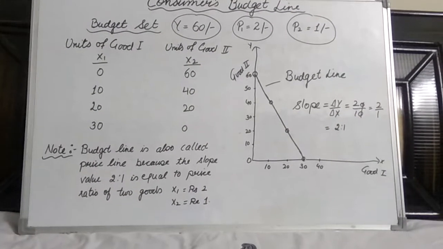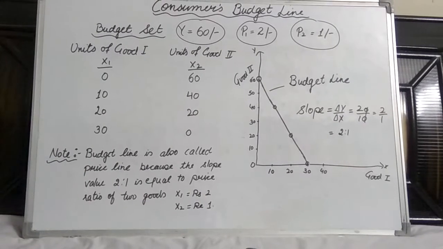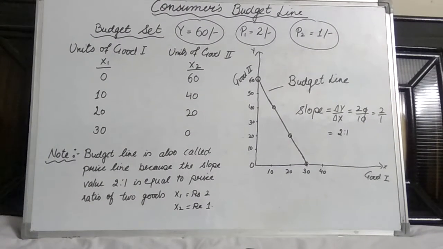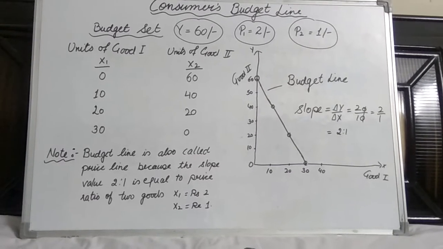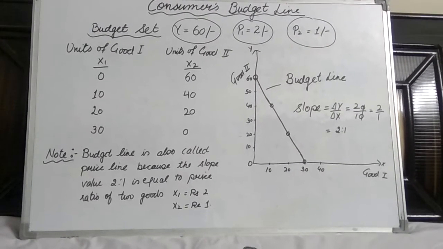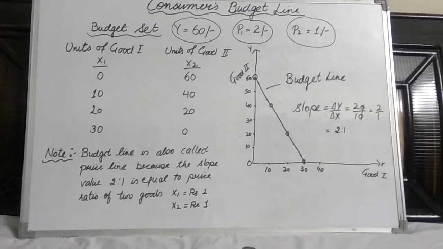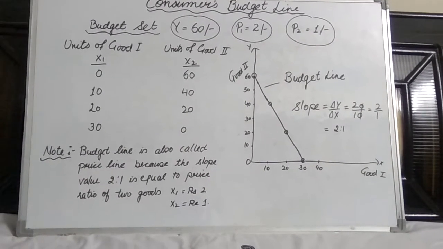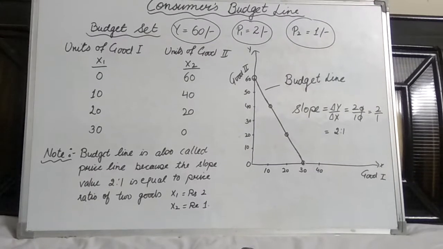In the third combination, the consumer spends 40 rupees to buy good 1 as 20 units are purchased, and the remaining 20 rupees are spent on good 2.